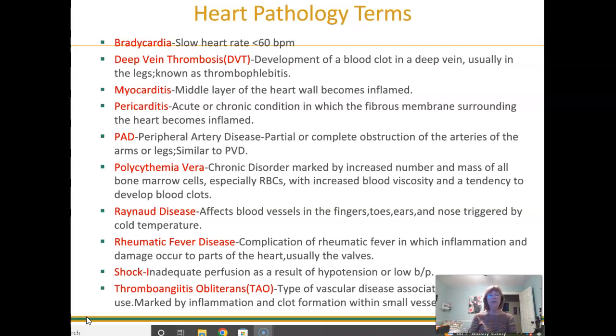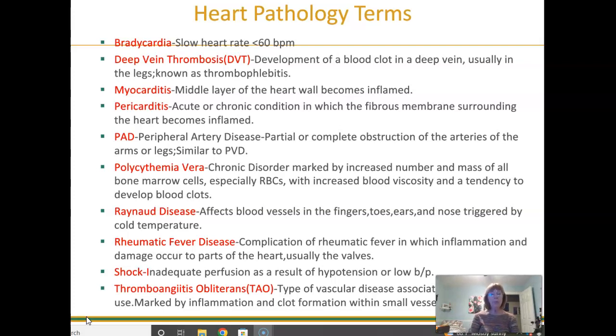Shock. That is inadequate perfusion as a result of hypotension or low blood pressure. Shock happens during an accident, any sort of trauma to your body. And your body is trying to compensate, and sometimes it can't, and you can die from shock.